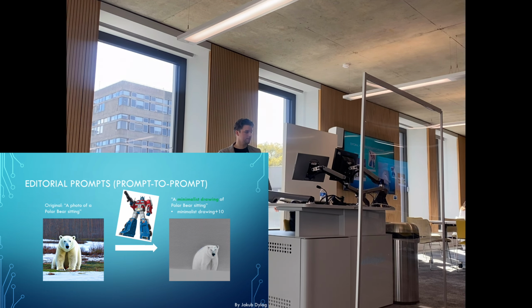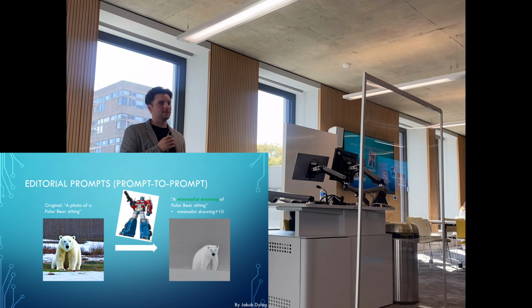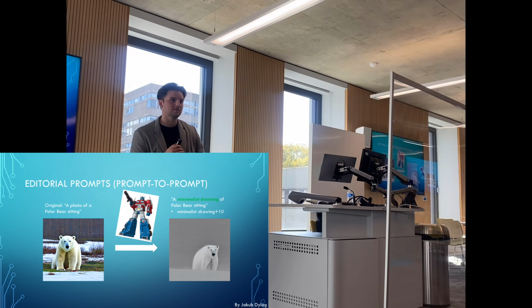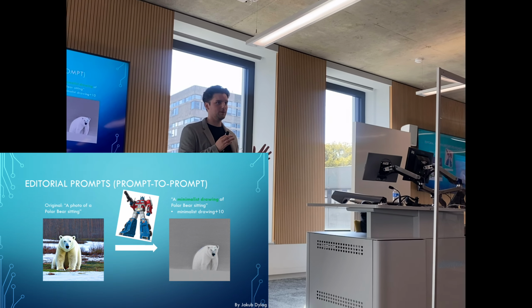So there's this cool research paper called Prompt-to-Prompt, and it focuses on these editorial prompts. You can see here the original prompt is a photo of a polar bear sitting, and then for our editorial prompt, we're adding this description, minimalist drawing of a polar bear. The interesting thing is you have a polar bear sitting with his front two paws in a certain pose.